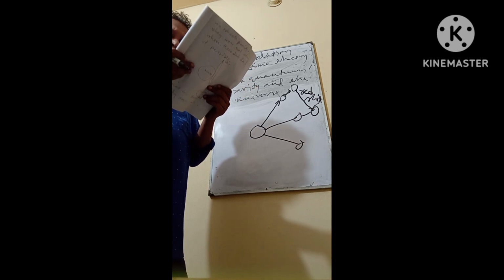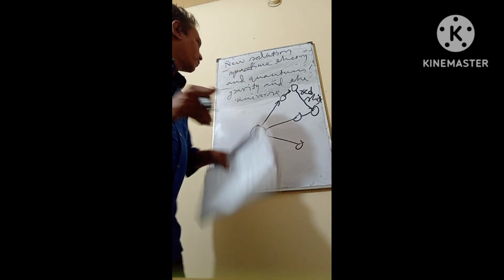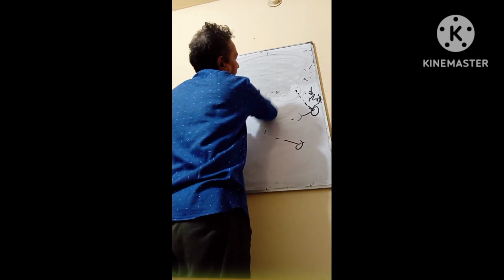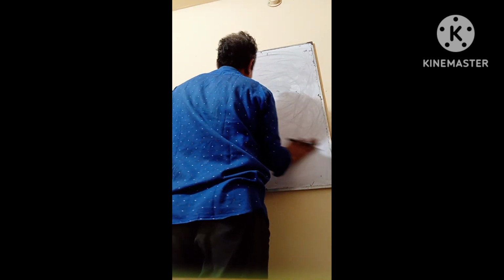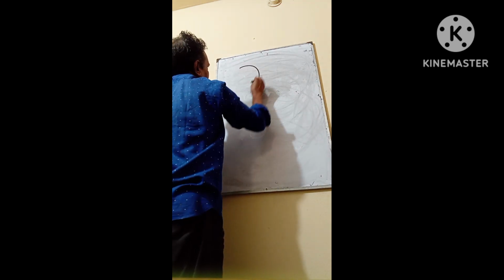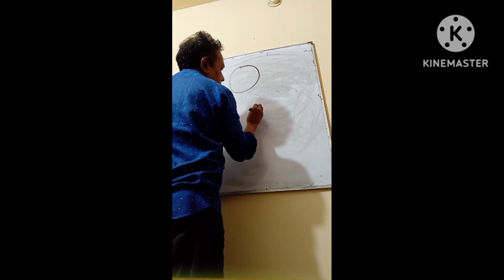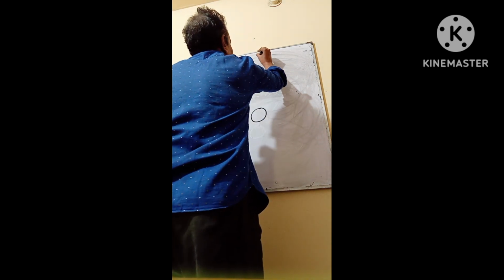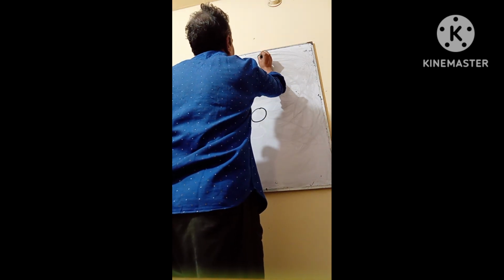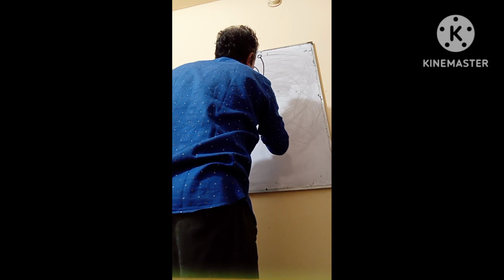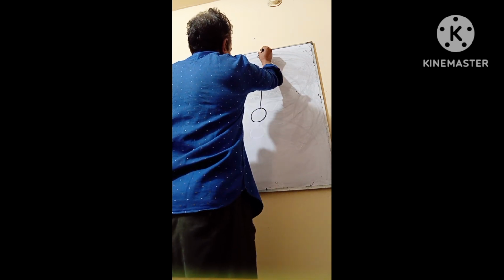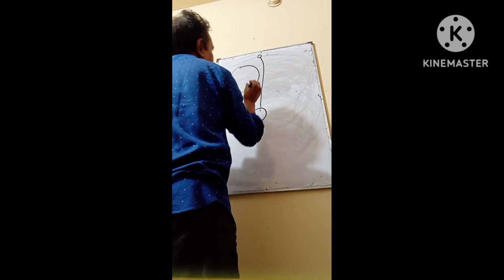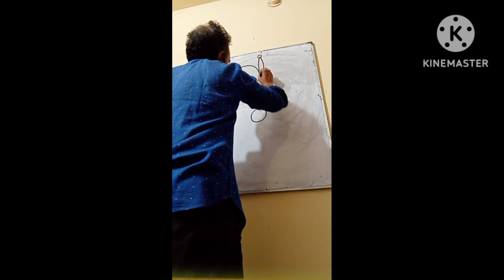When the sun is fully covered by the moon, the stars' light, the photon particles, is bending.